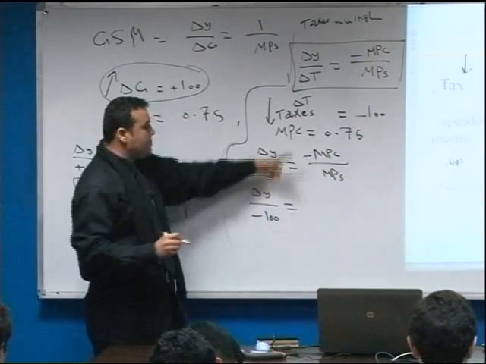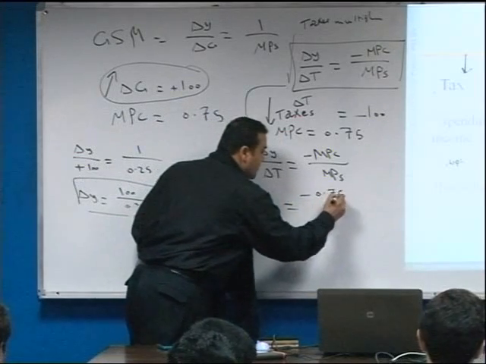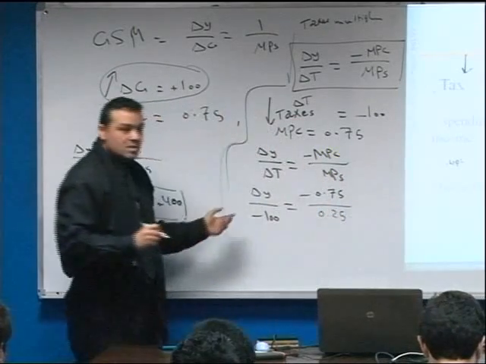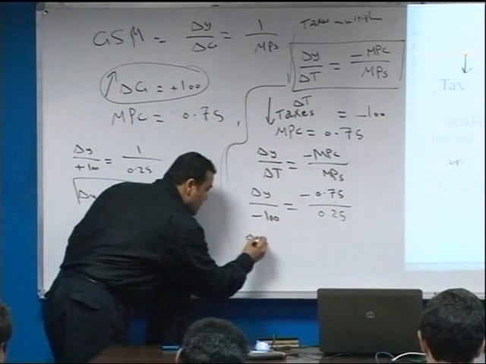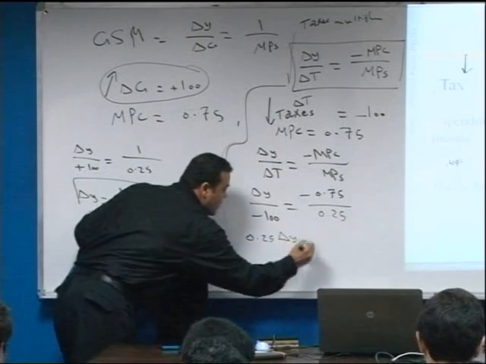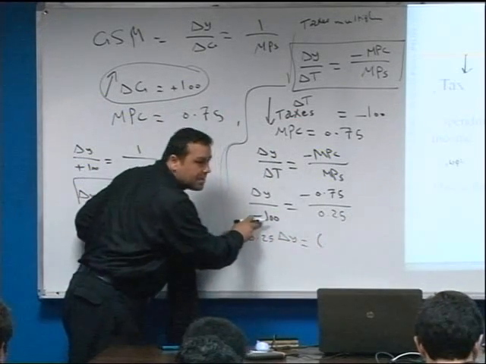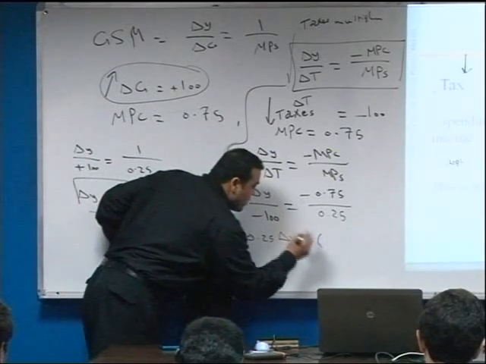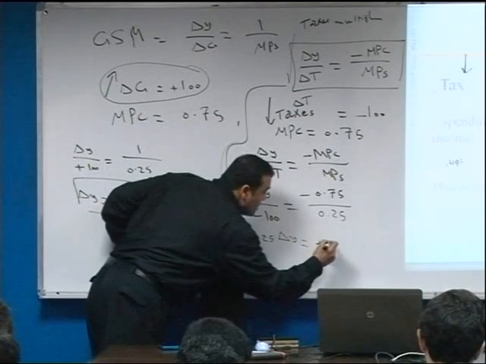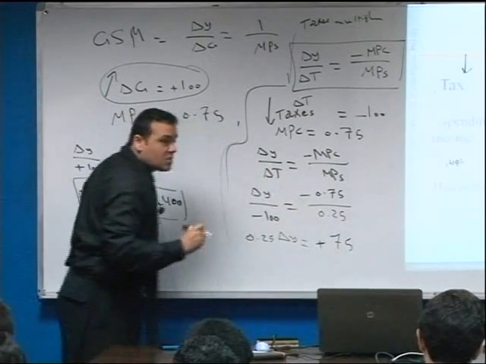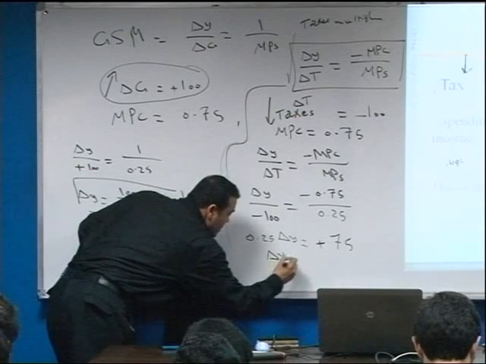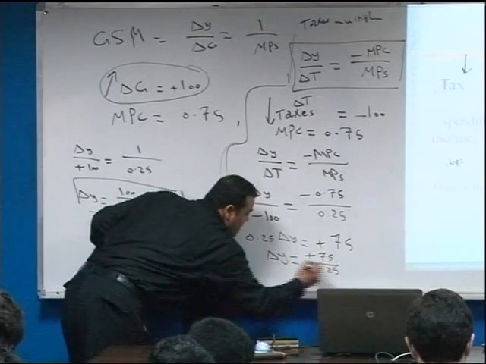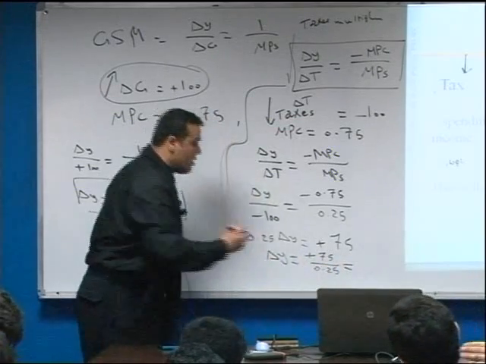So minus 100 equals minus 0.75 over 0.25 times delta Y. So 0.25 times delta Y equals minus 100 times minus 0.75, which equals positive 75, right? So delta Y equals positive 75 over 0.25 equals how much? 300.